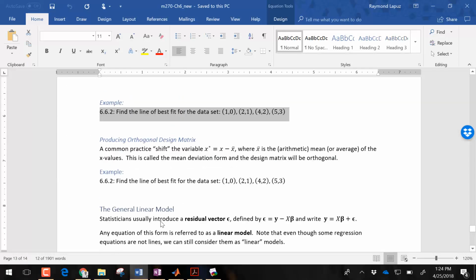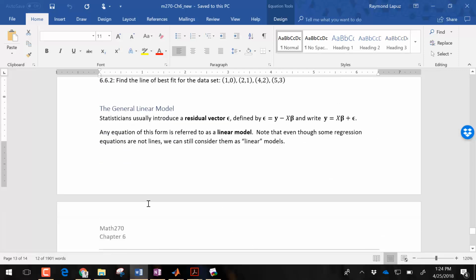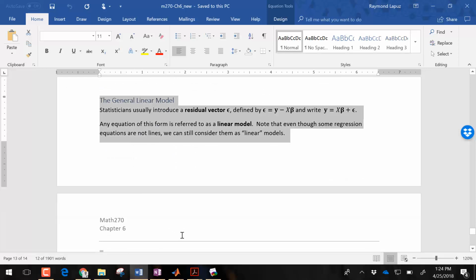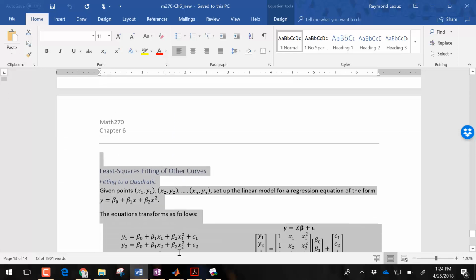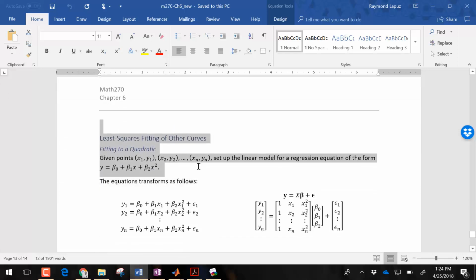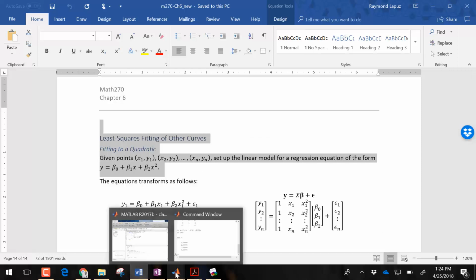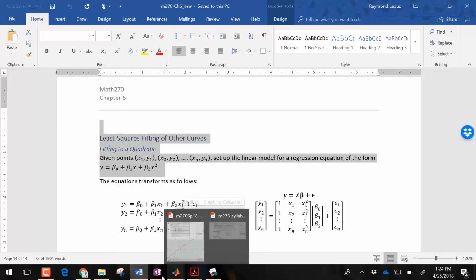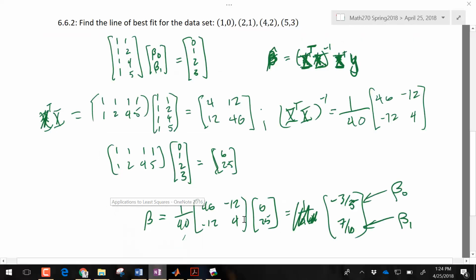So in the discussion in the book, they talk about this residual vector, which is also discussed if you took statistics. The whole idea of the residual is discussed as the error. I don't want to go into too much of that error stuff, but I'll put it in the notes anyways. But the point that I want to get to is that we can use any equation that we want and still be using the least squares method.